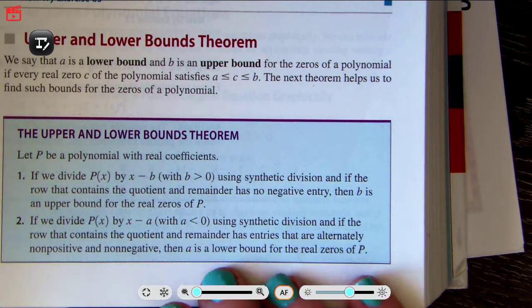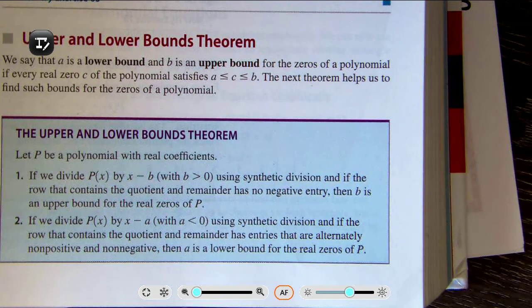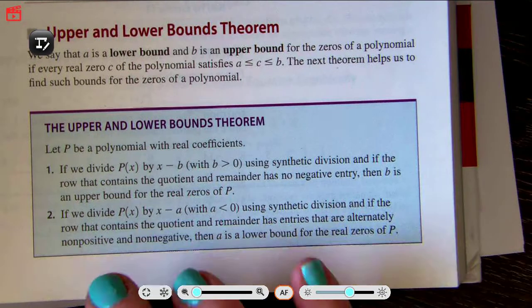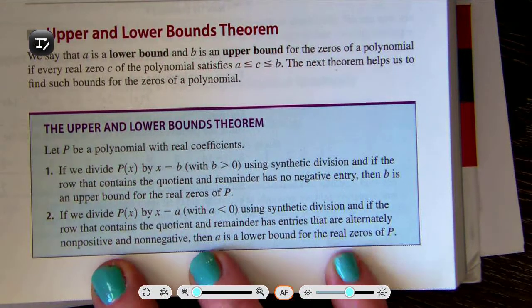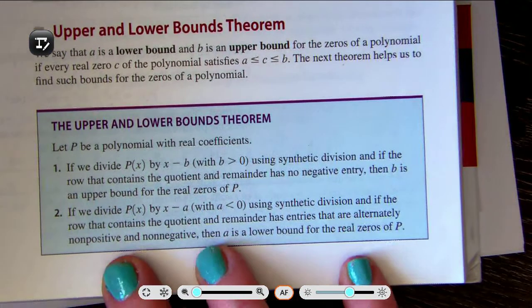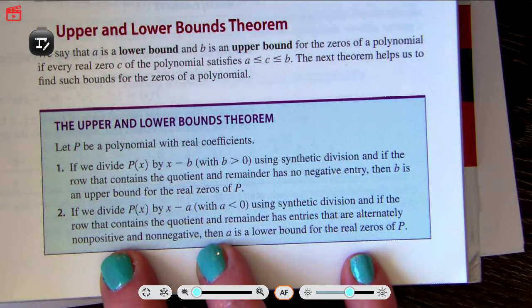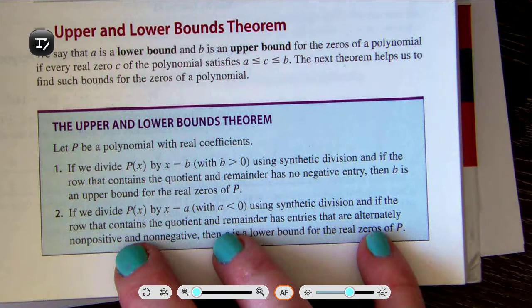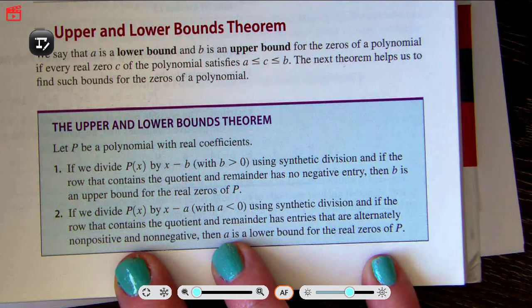Then a is a lower bound, so we won't have any smaller ones. Again, I don't use this one straightforward. I don't go looking for my upper and lower bounds. Most people do not, but they use this fact when they're looking for our zeros.